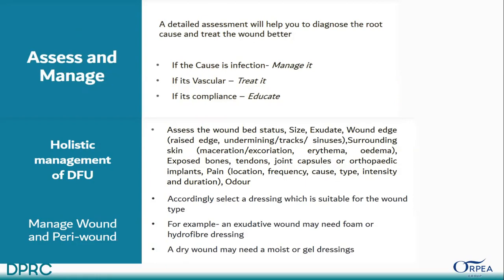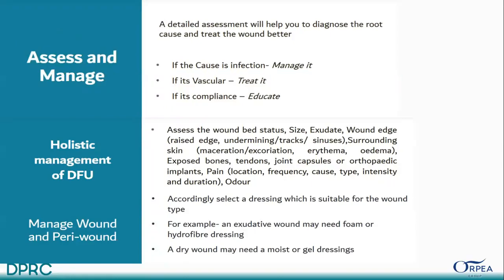Assess the wound bed status, the size of the wound, the exudate, the wound edges, surrounding skin, check for maceration, erythema, edema. Exposed bone, tendons, joints, capsules, or orthopedic implants.